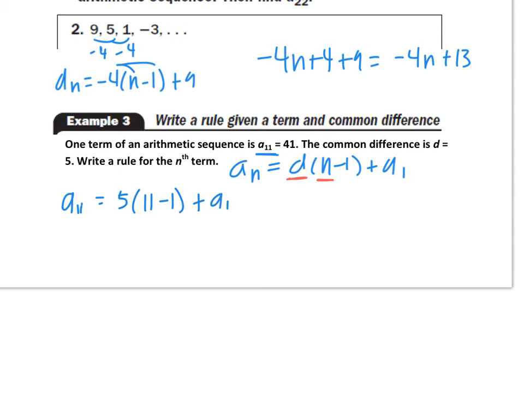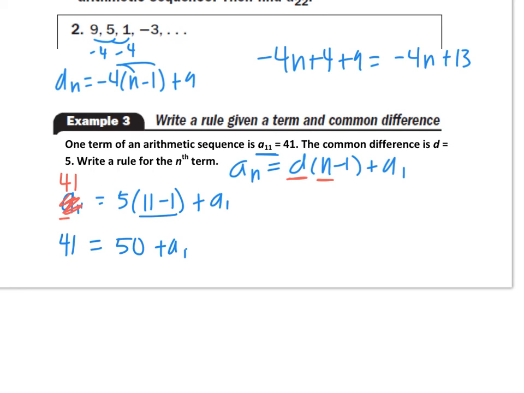But this A11, I do know how much that is. A11 is 41 up above. So instead of putting A11, let's plug in 41. So now if we simplify this down, we've got 41 there, 5 times the parentheses simplifies to 10, so we have 50 there, plus a1.